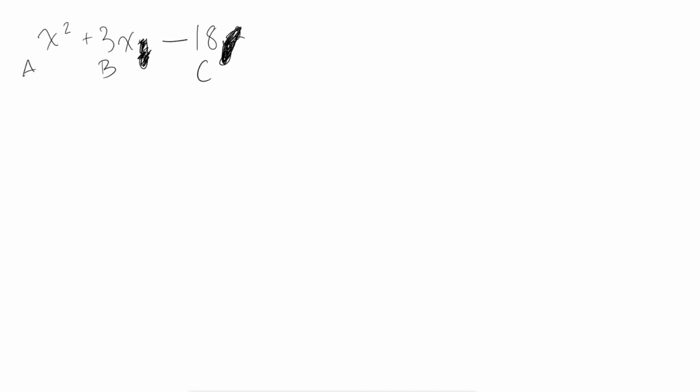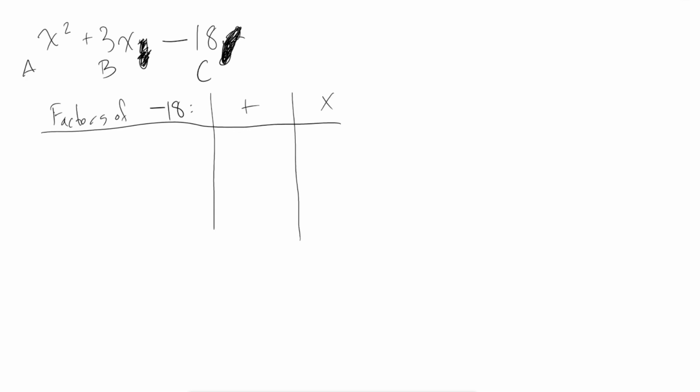So this time I'm going to have to look for all of my factors of negative 18 by looking at my factors of 18 and then swapping between our positives and our negatives. These are my factors of negative 18. And I'm also going to do my little table, my plus and my x, my multiplying. So I have negative 1 and positive 18. Those will multiply together to be negative 18. I could also do positive 1 and negative 18. Negative 2, positive 9, positive 2, negative 9.